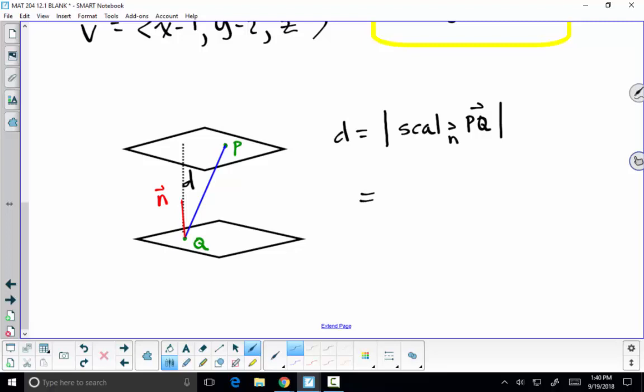So this is going to be the absolute value of N dot PQ divided by the length of N. That will give you the distance between two parallel planes. We already know what the normal vector is. We just have to figure out this displacement vector between the two planes and then find the absolute value of the scalar component, N dot PQ divided by the length of N.